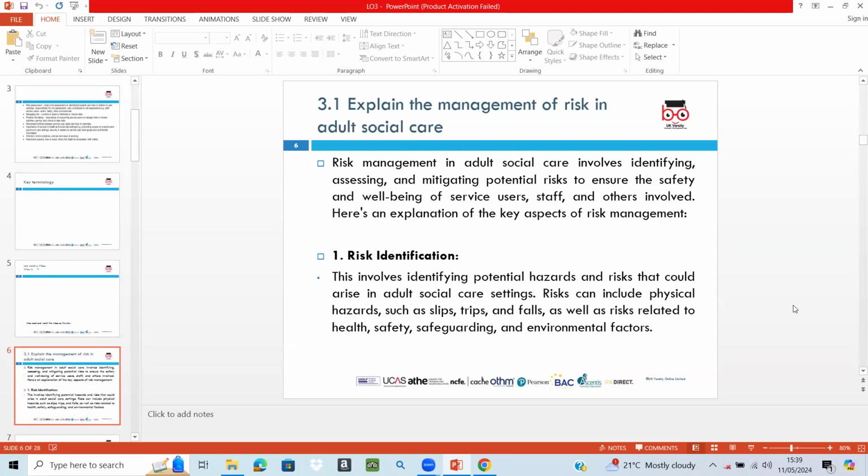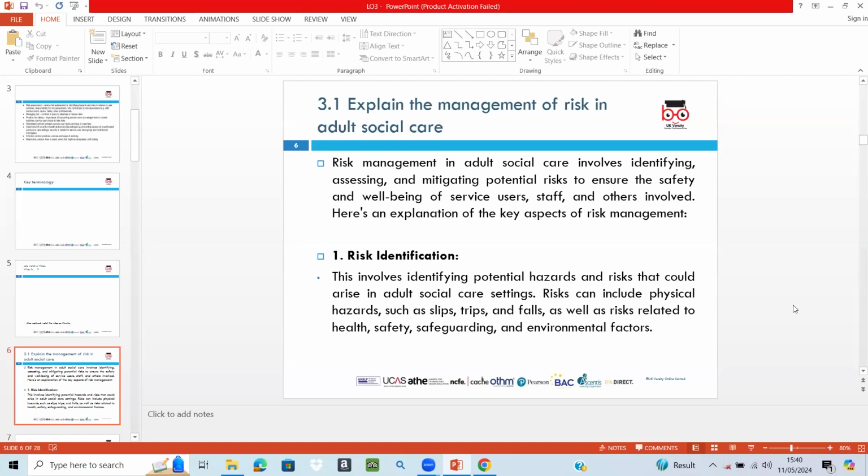Right. So in this one, we have to explain the management of risk in adult social care. So we have risk identification. Risk management is a crucial aspect of maintaining a safe environment in adult social care settings, and this is a comprehensive explanation of the key aspects of risk management.